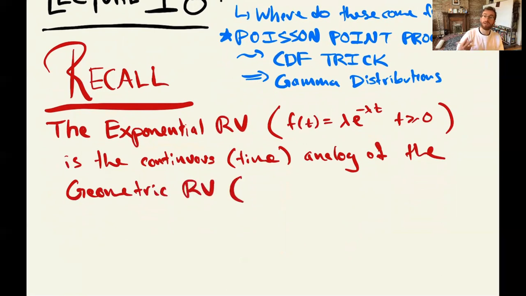Remember that the geometric random variable asked, let me try something enough times, and what's the time of the first success? So this is the try number of first success.